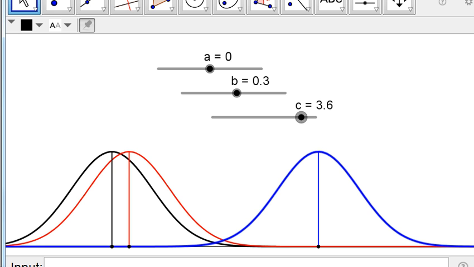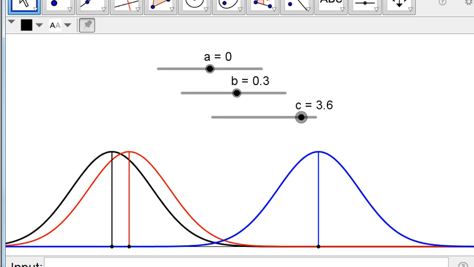So the black and the red, and the blue also, have about the same standard deviation. You would average those, and you'd get the same value whether they're near each other or far apart from each other. But in this case, the standard deviation of the group as a whole is now spread out over a much greater distance. So when some of the groups are different, the F ratio gets a lot bigger.